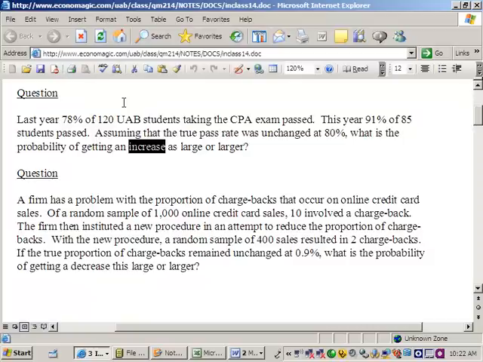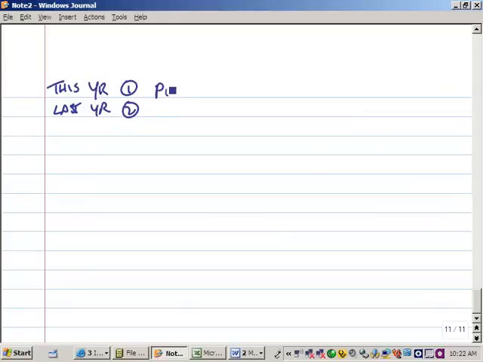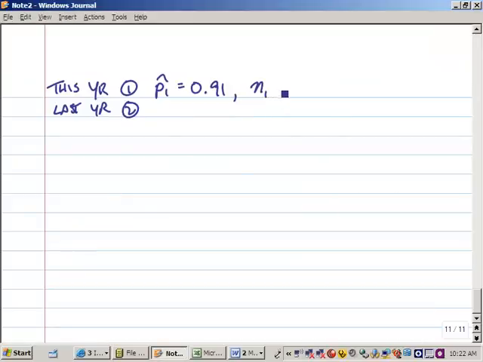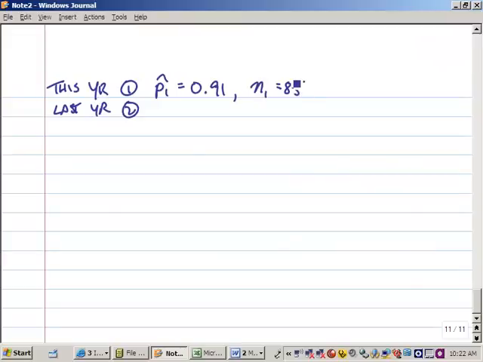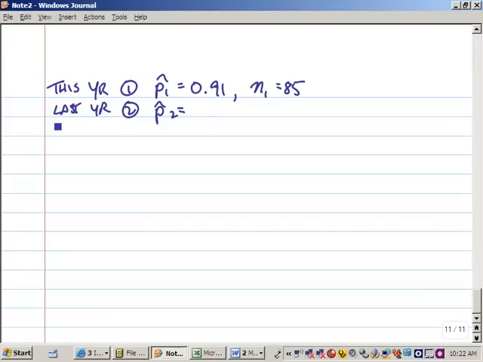So this year 91% of 85 students passed. So this year P1 hat is 0.91 on 85 students, so N1 is 85 students. And P hat 2, 78% of 120 students, so that's 0.78 with N2 of 120 students.